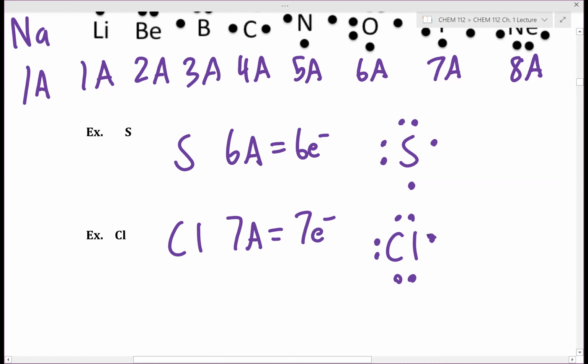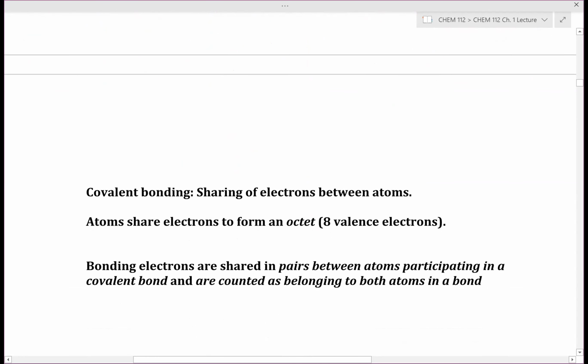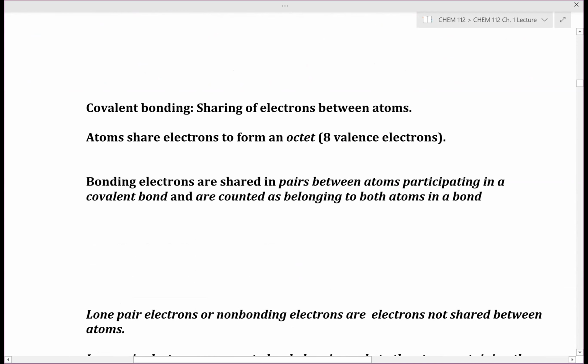Now that we've established this idea of Lewis dot structures, we can start to generate more sophisticated structures and talk a little bit about covalent bonding. Covalent bonding is of great concern to us organic chemists because it's a primary method in which we form more complex molecules. Covalent bonding is the sharing of electrons between atoms.